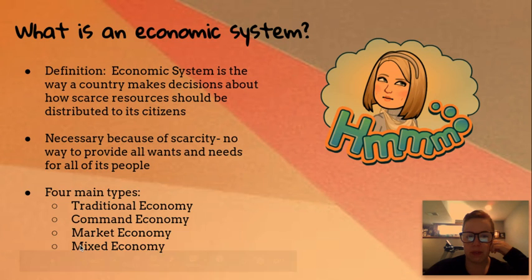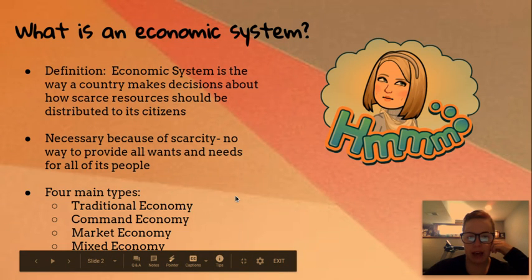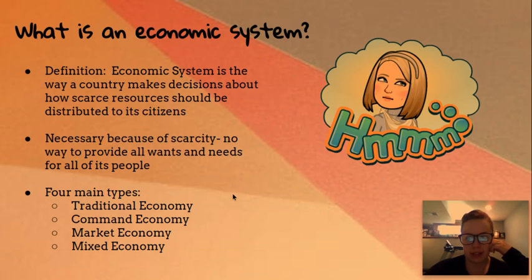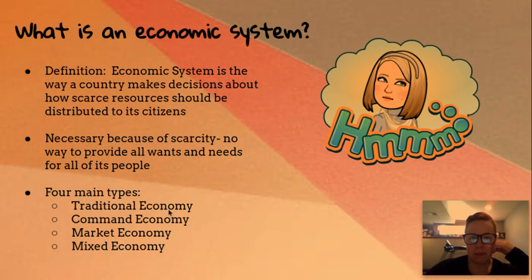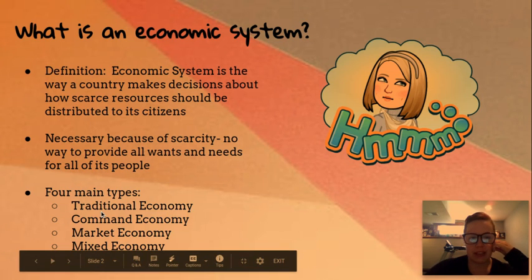But we're going to talk about the four main types of economies that have developed over countries instead of just small communities. So the first one here is traditional economy. We'll go over what each of these are in detail, but it is very much what it sounds like. You follow traditions in that economy, based on what your ancestors did.